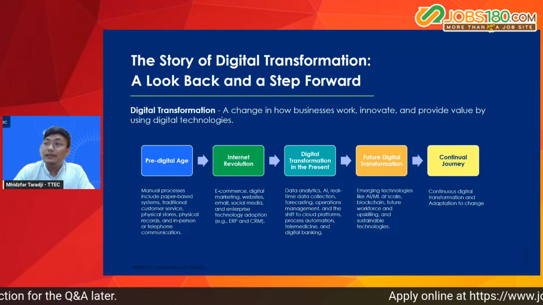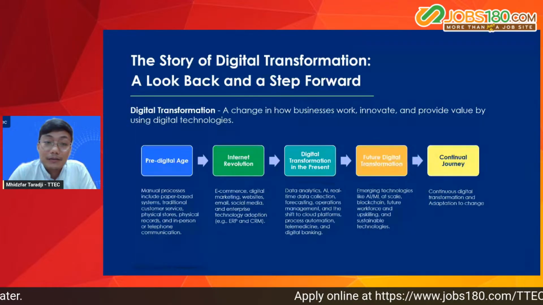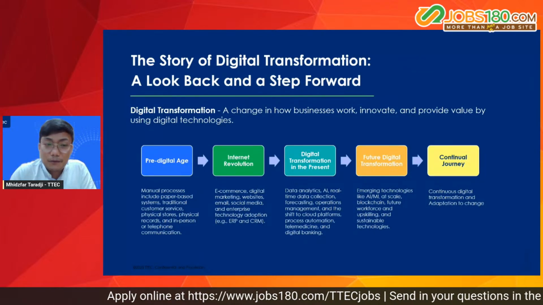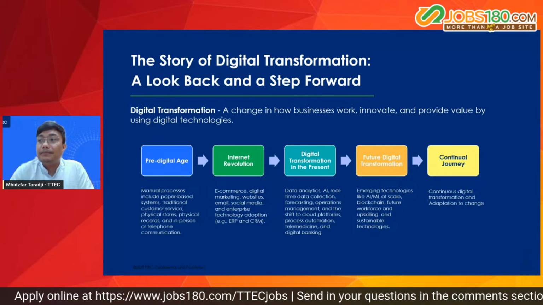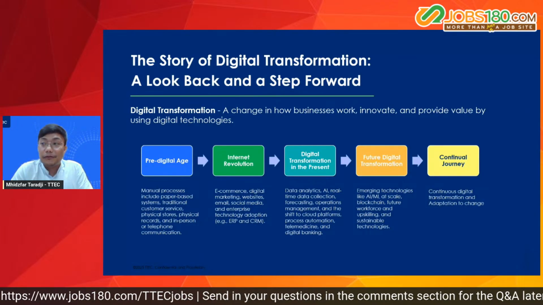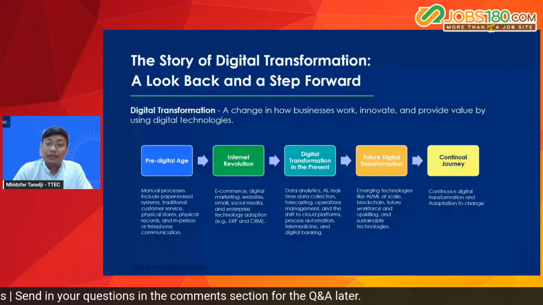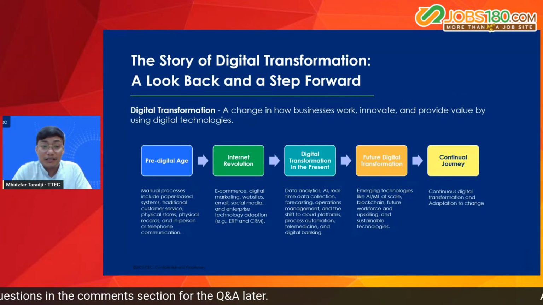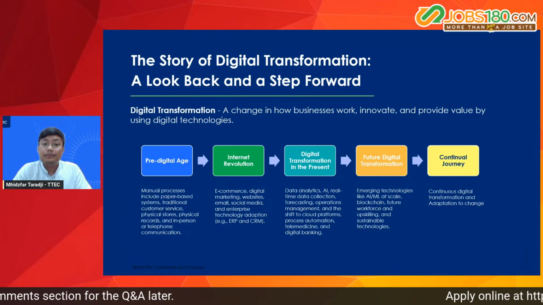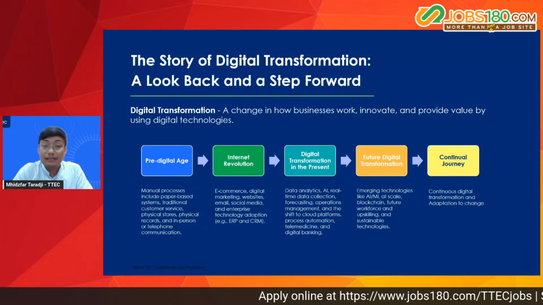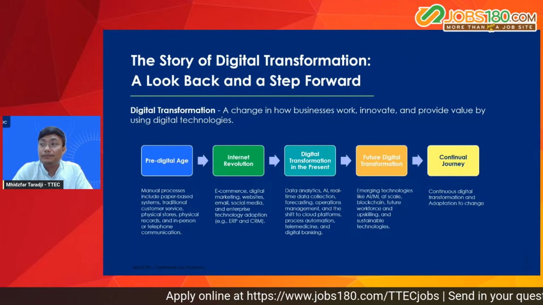And in the present, digital transformation makes our life super easy. This is where AI started, along with real-time data collection, forecasting, operations management, and even automation. We already started doing automation even on the recruitment side of the business. Automation is already present, even telemedicine and digital banking as well.